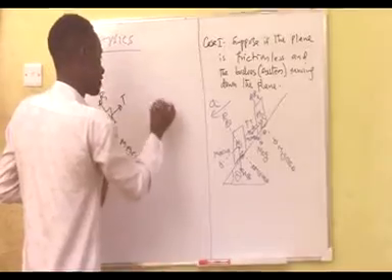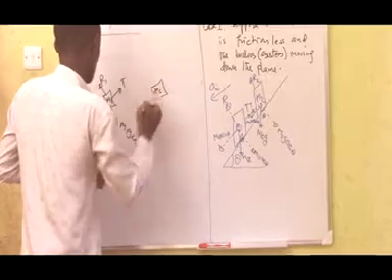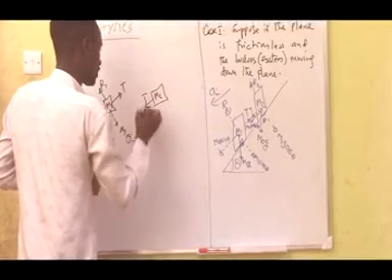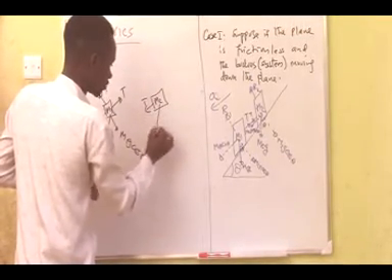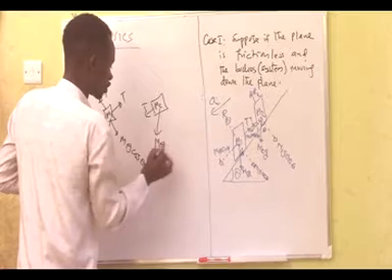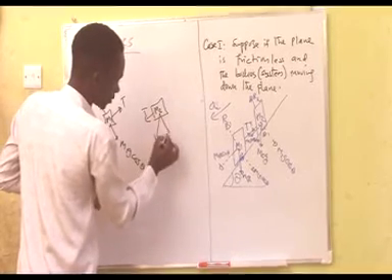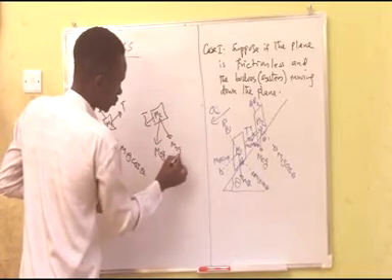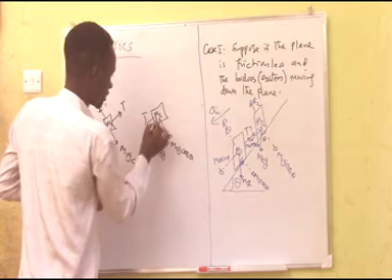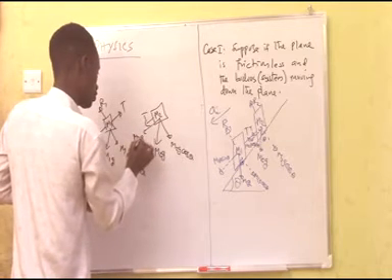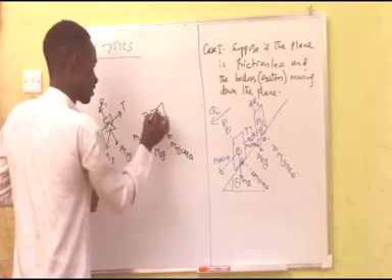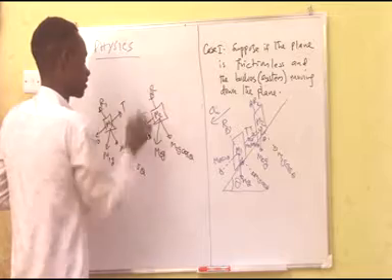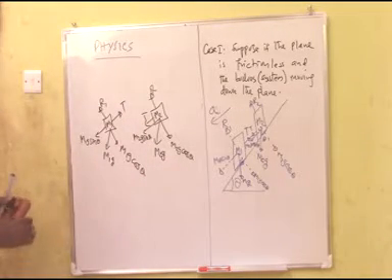Likewise, for mass 2, it is tension force T, its weight m2g, its components m2g cos of theta and m2g sine of theta, and the normal reaction R2.